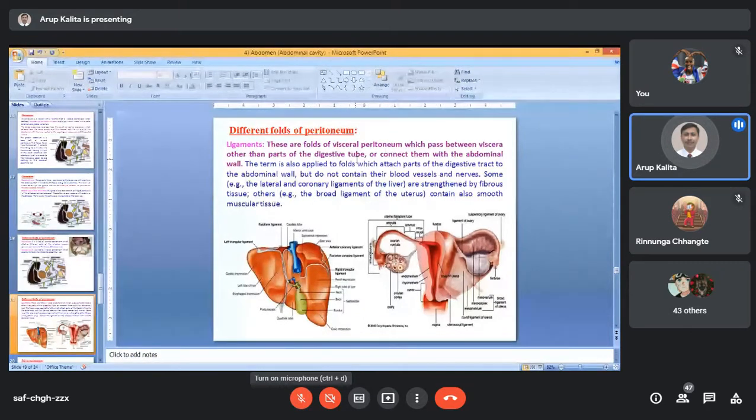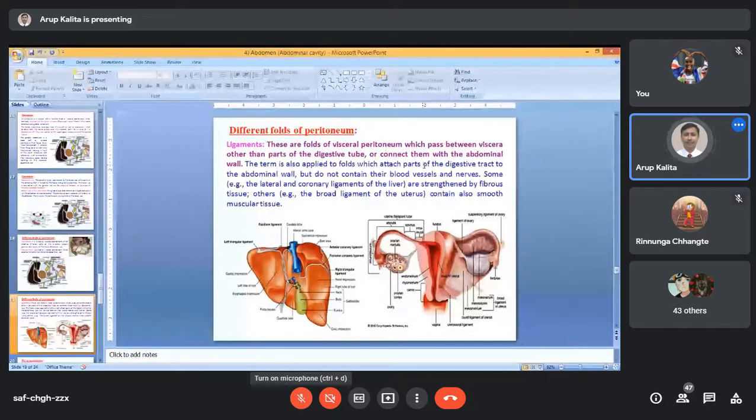So other than the digestive tube, there will be no connection. It is a double fold of peritoneum which passes between the viscera, but not connected to the digestive tube, or connects them with the abdominal wall.